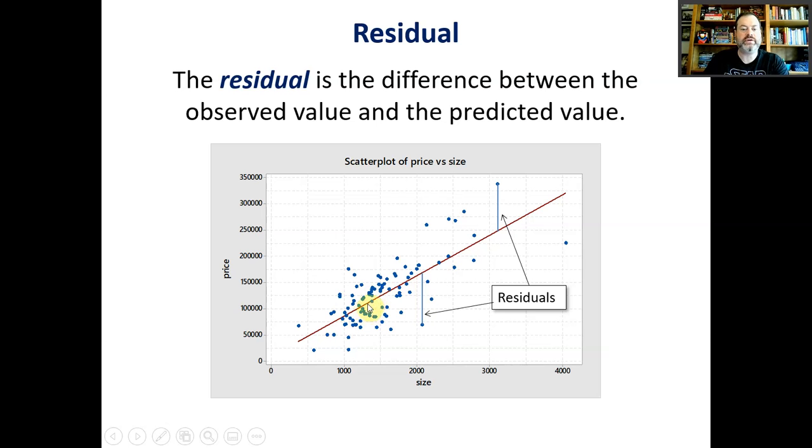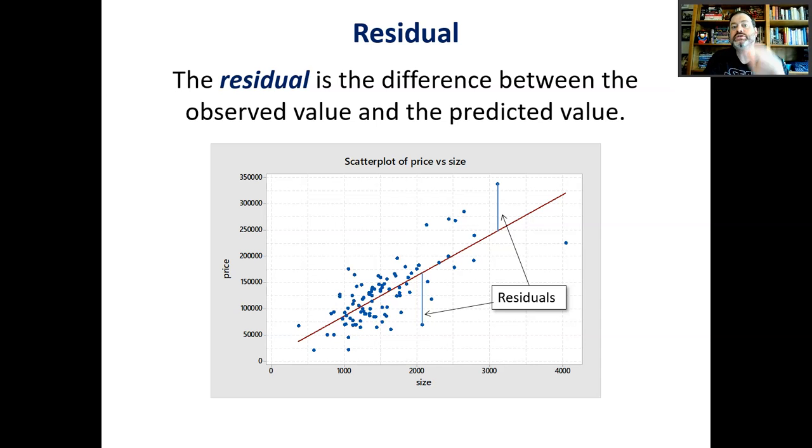If we use this regression line to predict the prices of most of these houses, they're going to be very, very close. This house, not very close. This house, not very close. So what we do is we measure these residuals. And all you do to measure a residual is you take the actual value of the response variable and you subtract the predicted value. That gives you a distance.